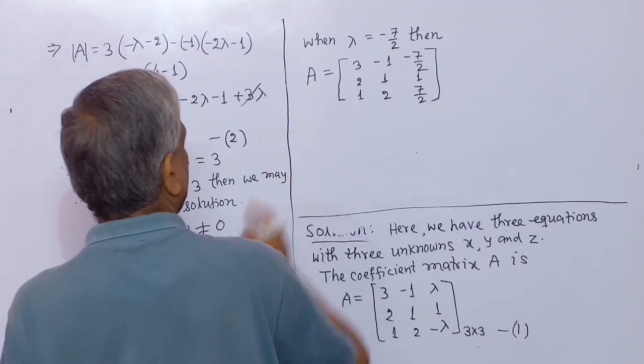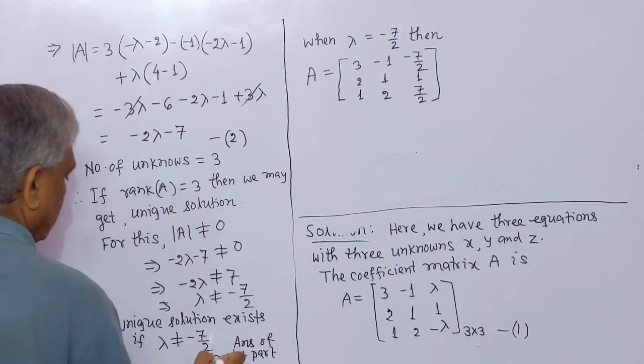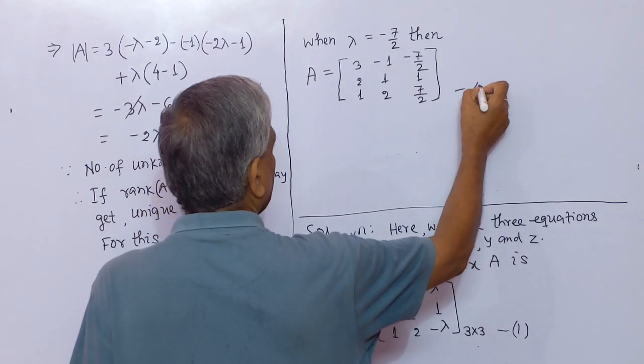This is the coefficient matrix. This is number 3, this is number 4.